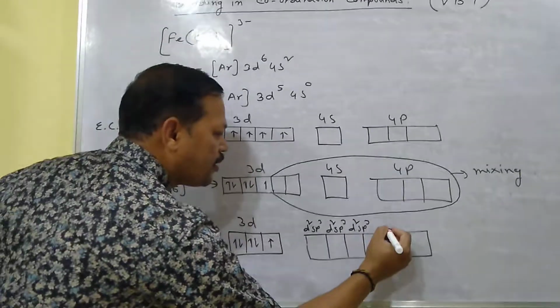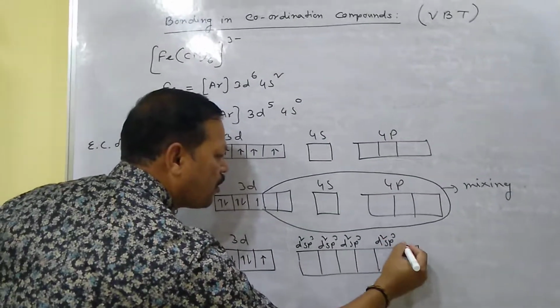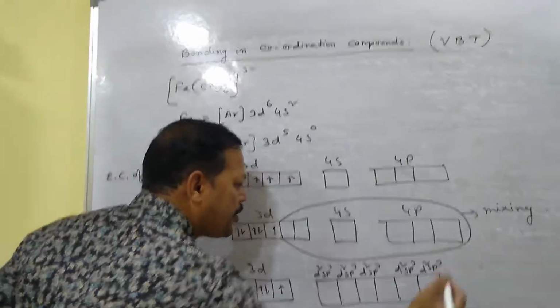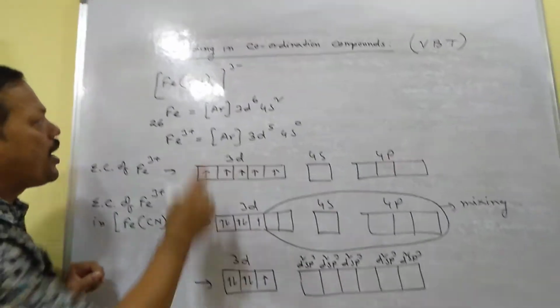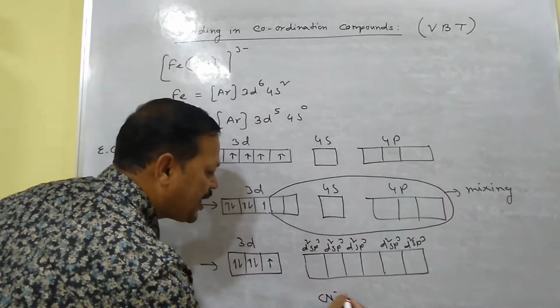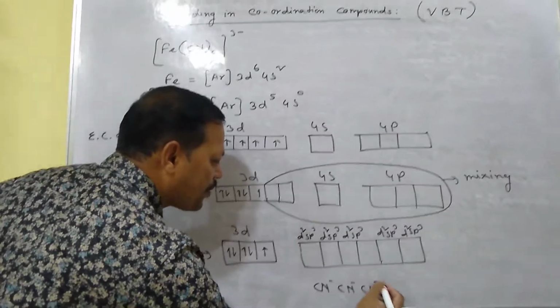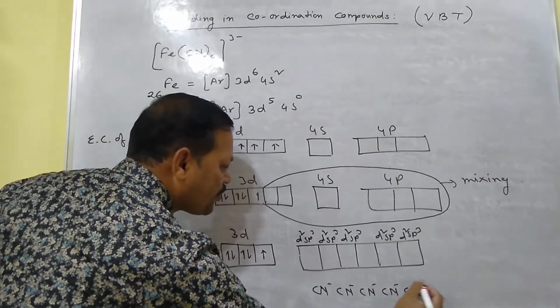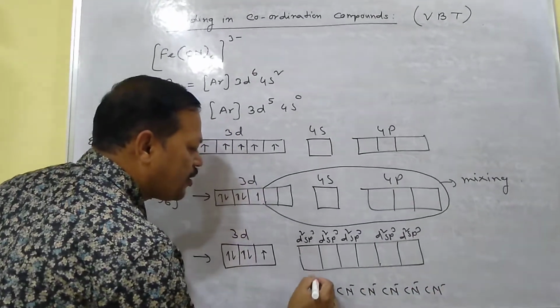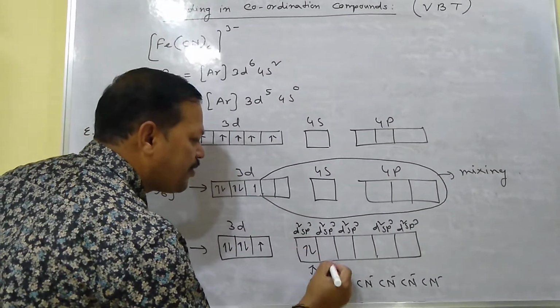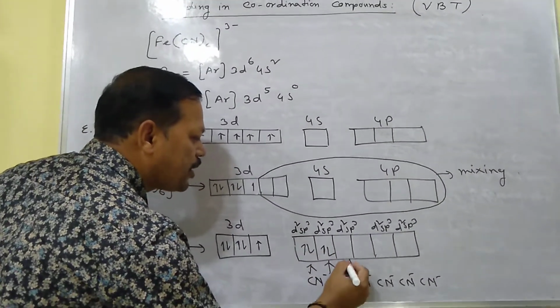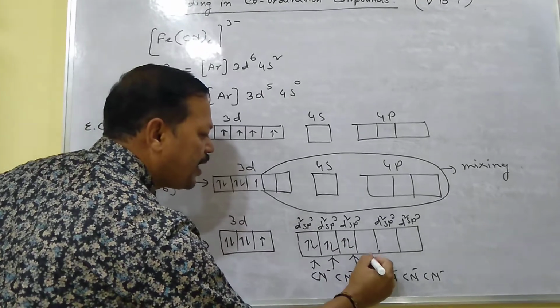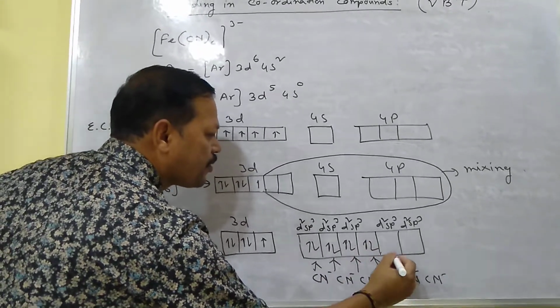Like this you will get 6 hybrid orbitals. Now after production of the hybrid orbitals, the 6 cyanide ions, as the complex contains 6 cyanide ligands, all 6 cyanides donate one pair each to the vacant orbitals, and like this they form the bond between the metal and the ligand.